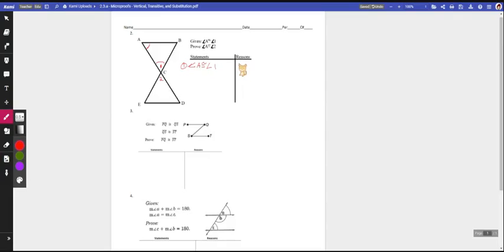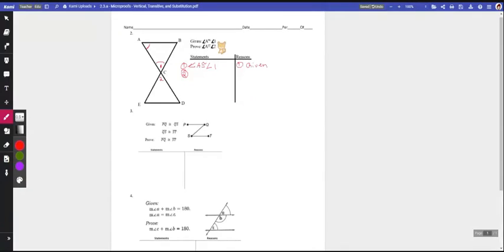And that is true because it is given. Statement 2, when you're doing proofs, obviously the easiest thing is to start with whatever's given to you. But after that, you need to start looking for information.